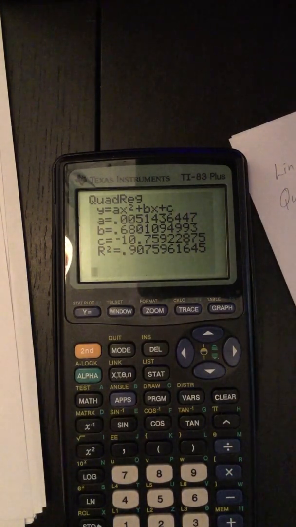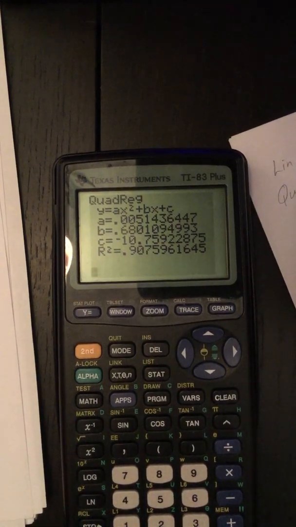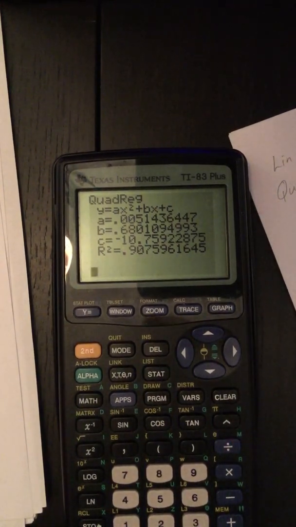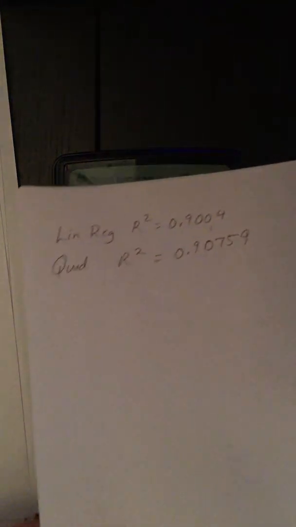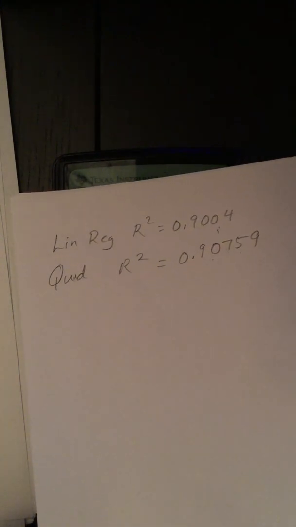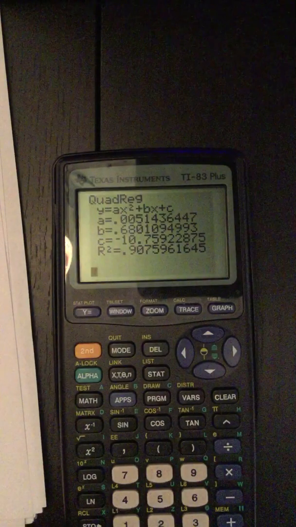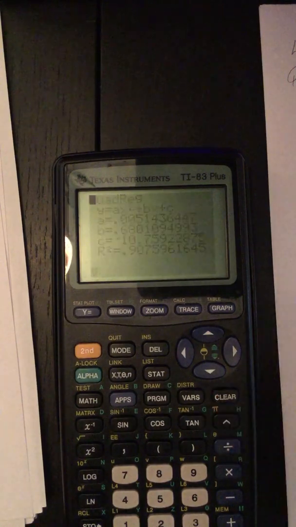I think it actually rounds up to 6. Okay, so it is slightly more correlated than the linear regression. If I compare my two numbers, my linear regression is less. It's further away from 1. So we're not done. Clear that.